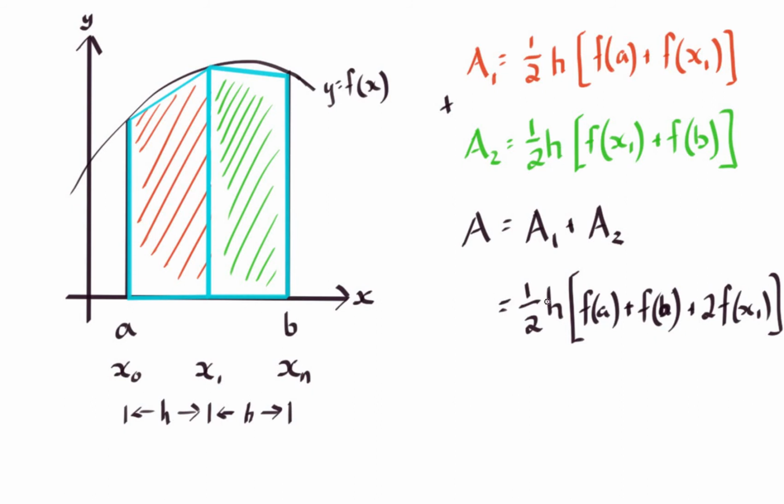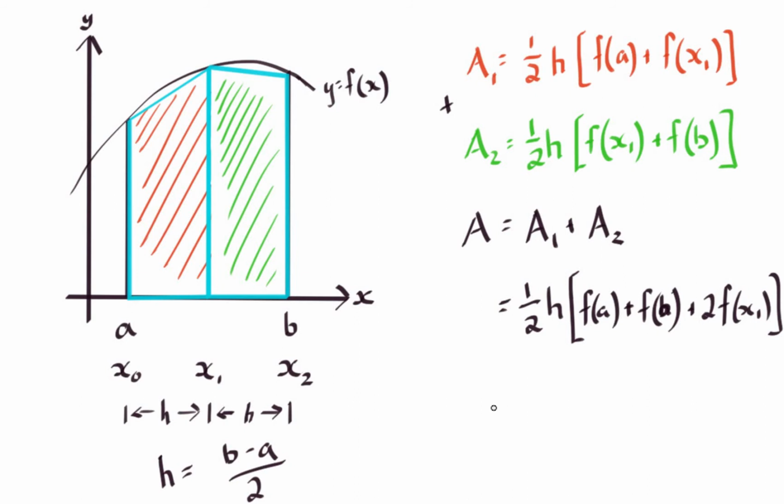But just like before, is there a way to actually get rid of this h and write it in terms of something else? Well, for this specific example, notice that xn is actually x2 because we have two trapeziums or two subintervals. And because we break the total distance between a and b into in this case, two even segments, that means that our h value is the total distance, b minus a, divided by however many, in this case 2, subintervals or trapezium you have.